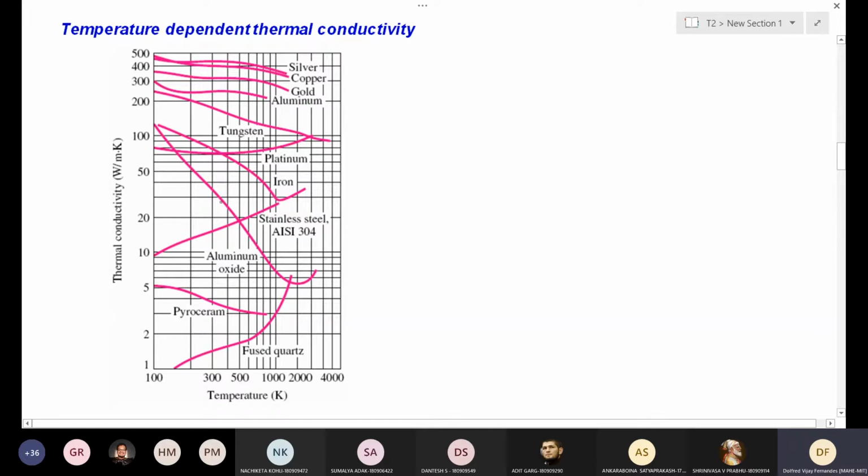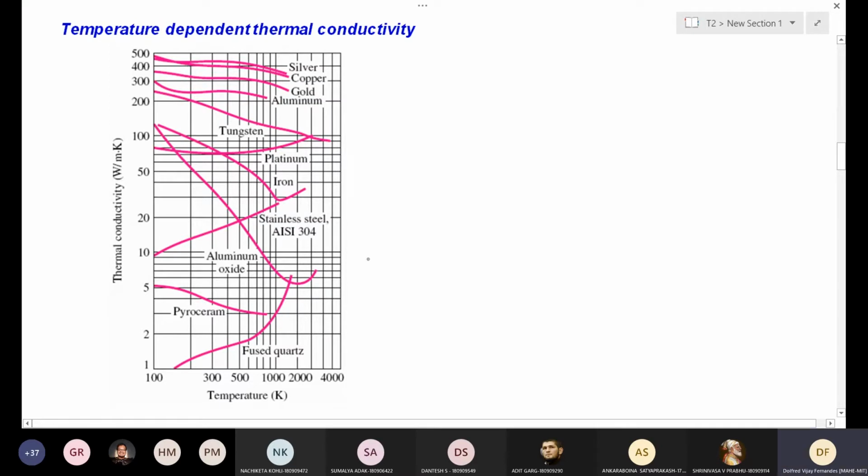You can see that the thermal conductivity varies very much. Stainless steel also shows an increase in thermal conductivity. Quartz also shows a very strong dependence on temperature. But most of the metals here have an almost horizontal line.